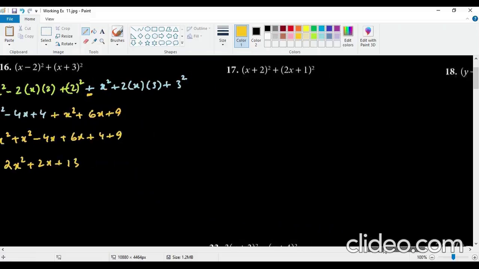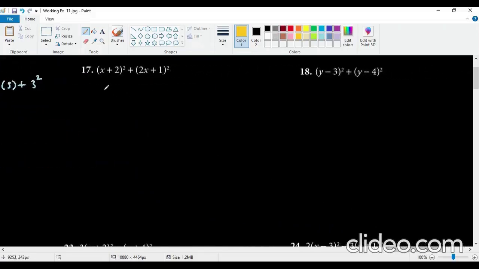When it comes to question number 17, I'll be using the same rule, same formula. A square plus 2ab, I should write in bracket, 2ab plus b square, and I will use a plus sign now, which is this one. Now I will write a square plus 2 times a, which is 2x, and b is a 1 plus 1 square. So I can see this is a square plus 2ab plus b square.